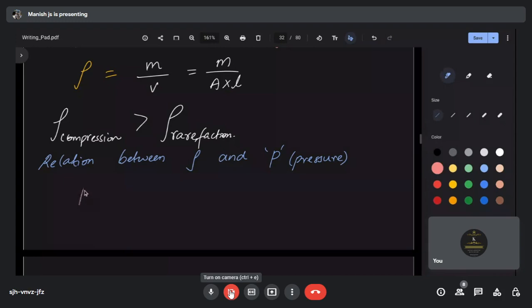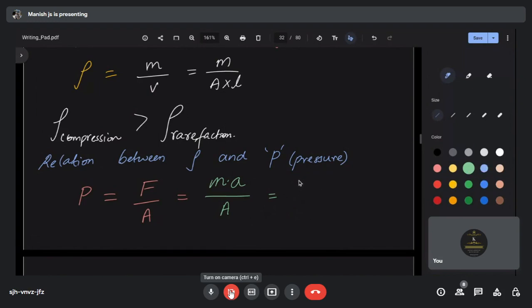We can start from the formula for pressure. So pressure is equal to force applied per unit area. I had already mentioned that in the slide. How can we write force in terms of Newton's law? Mass into acceleration, divided by area. Okay. Now we bring the relationship. What I am doing here, I am multiplying with length on both the denominator and the numerator.